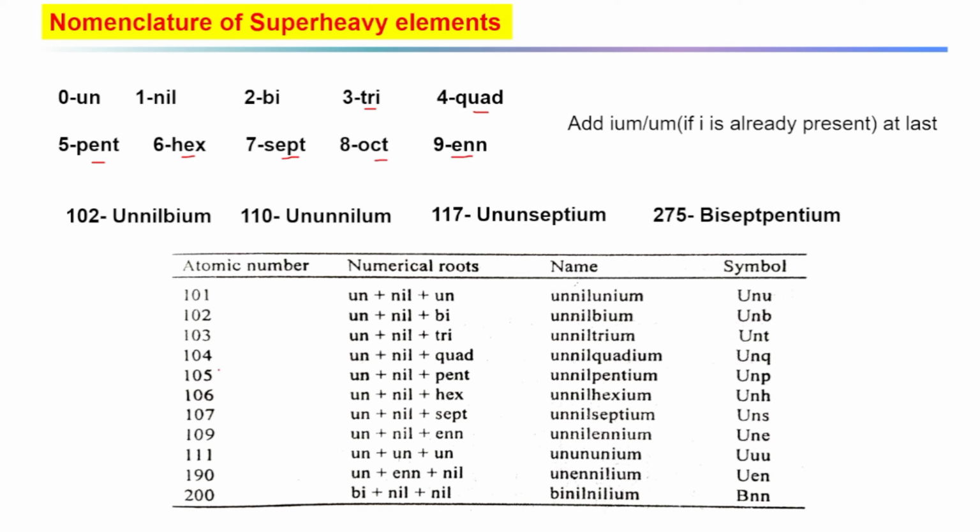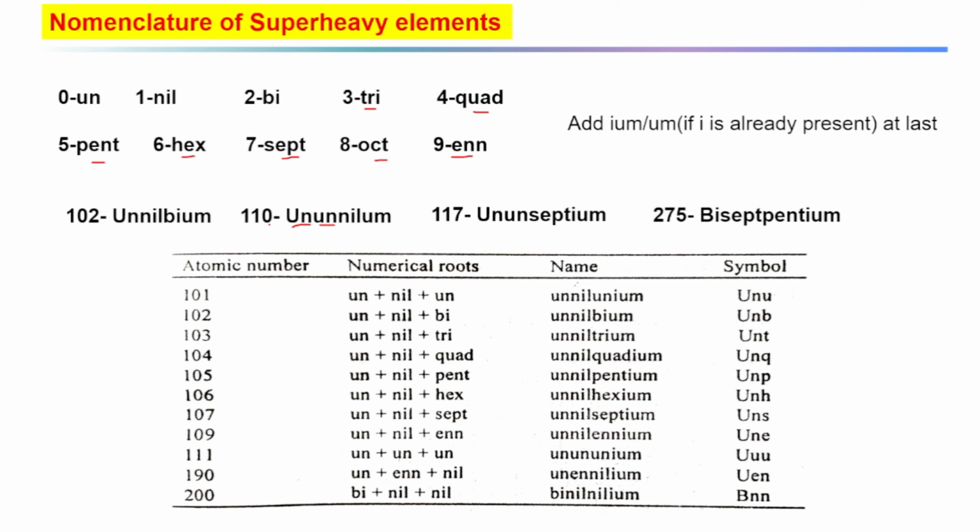So whenever we are saying what will be the name of atomic number 110, we will separate it by number. First there is one, then another one, then 0. For 1 we will write un. For another 1 we write another un.